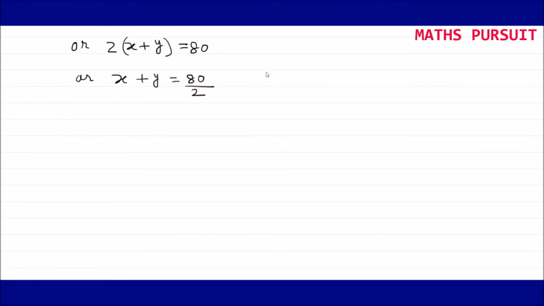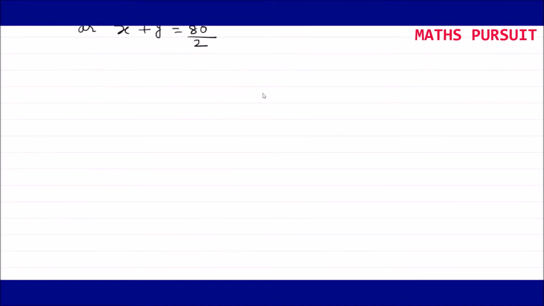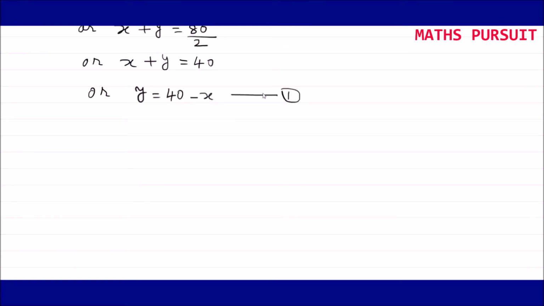So we got x plus y is equal to 80 upon 2, or x plus y is equal to 40, or y is equal to 40 minus x. Let this be equation number 1.